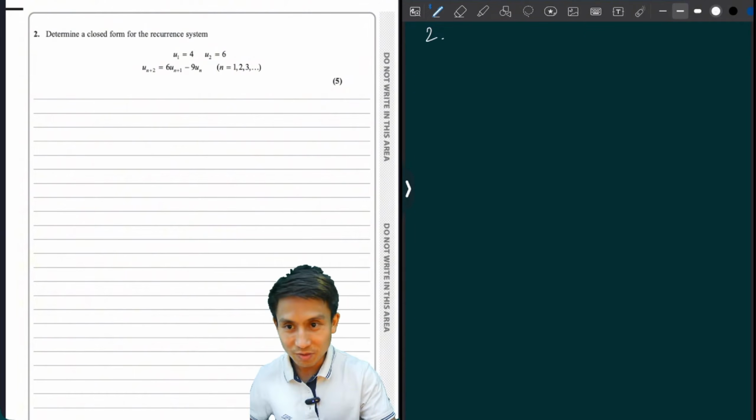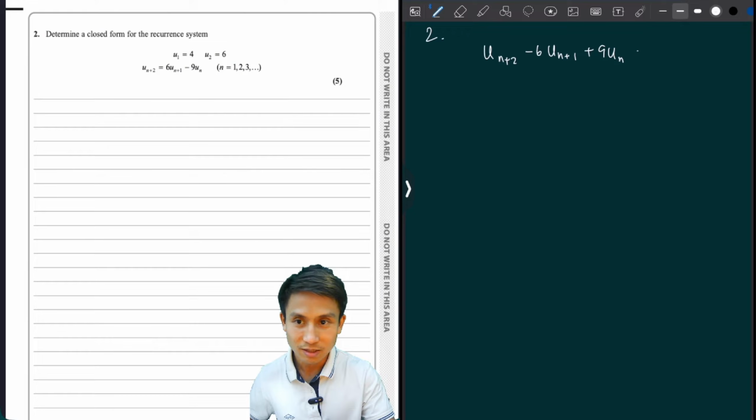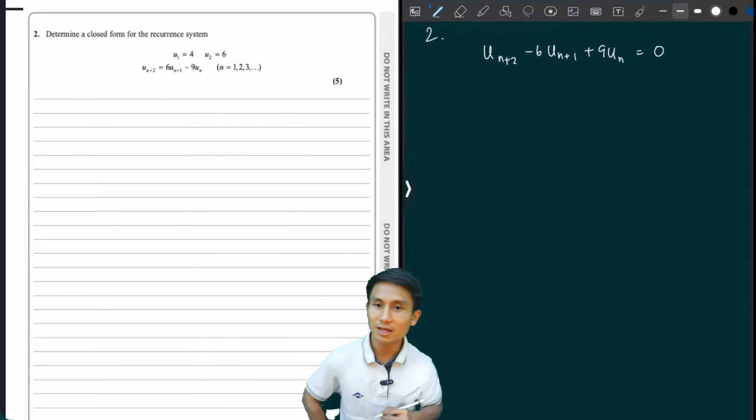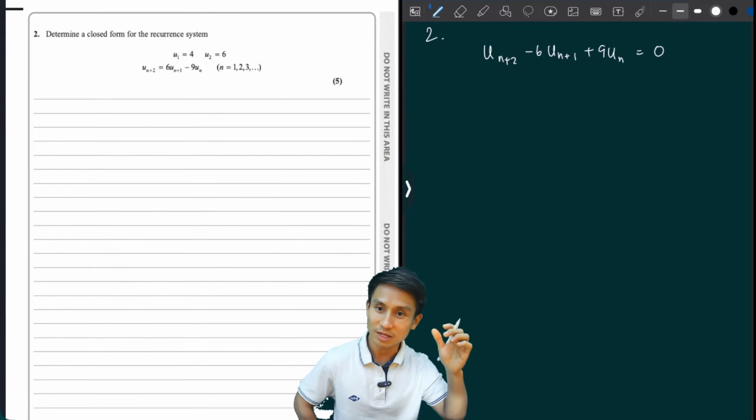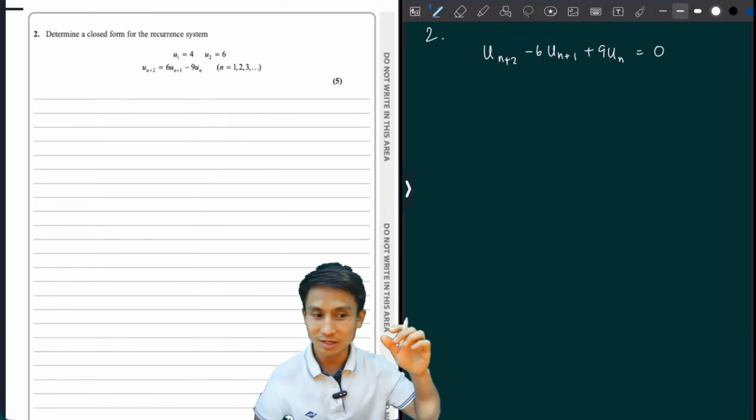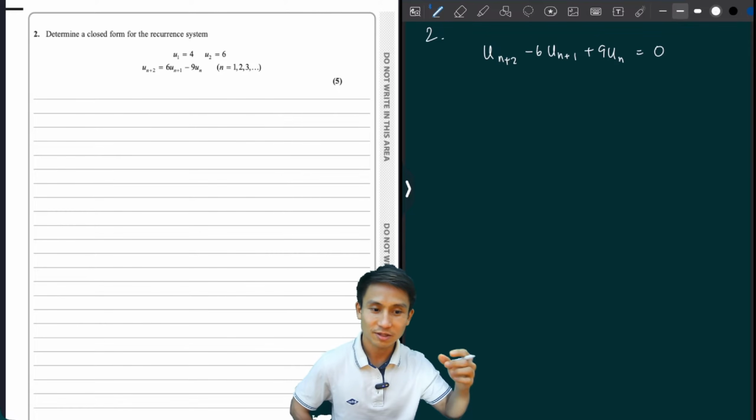So if you make everything on the same side, I have un plus 2 minus 6 un plus 1 plus 9 un equals 0. Just make one side 0 there, just like when you solve the auxiliary equation in second order differential equation.